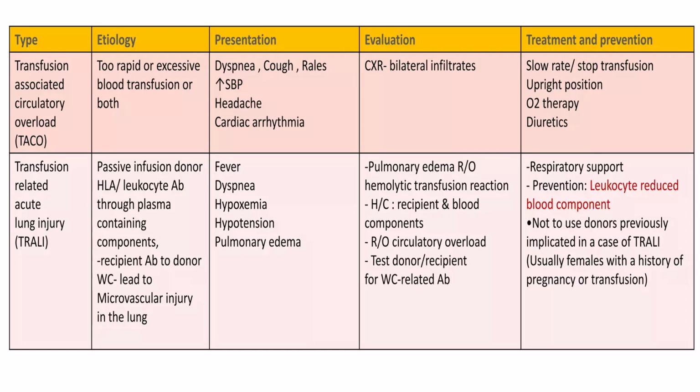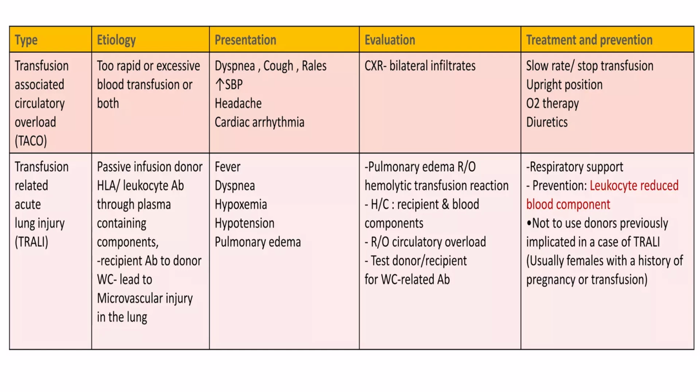For evaluation, if we see the chest x-ray, there will be bilateral infiltrates in TACO, and you can also go for BNP and NT-pro-BNP. If it is more than 1.5 times the pre-transfusion value, then you can say it's a TACO. Whereas for TRALI there is pulmonary edema, and we also have to rule out hemolytic transfusion reaction.